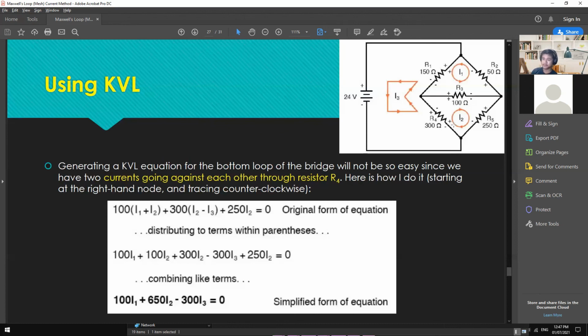Okay, so again, I'll give you guys 10 to 20 seconds to analyze how we came up with this equation.